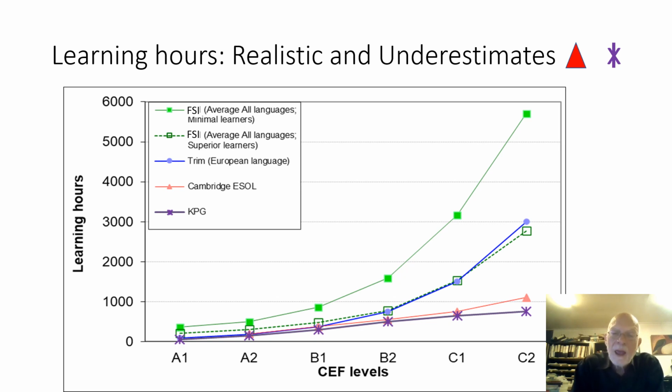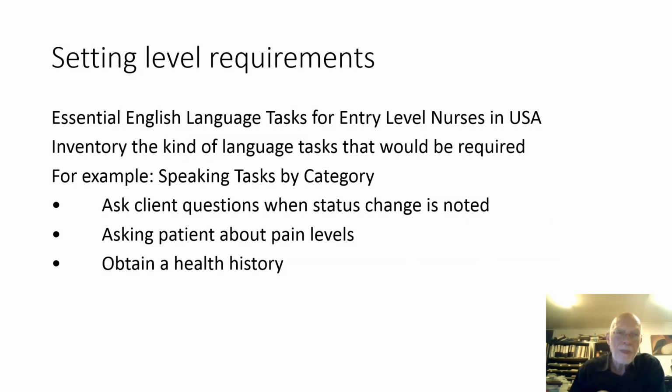Because no way is there an education system that will have about 3,000 hours to reach a particular level within the educational system. Most educational systems have much less hours. So how should we go about setting level requirements?